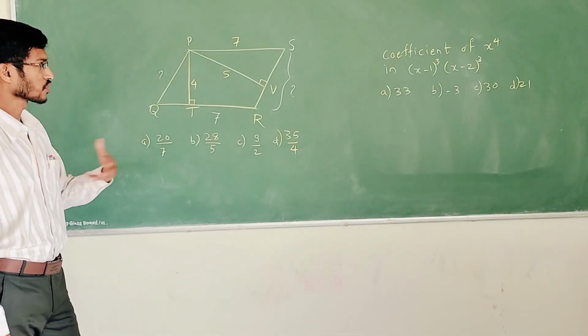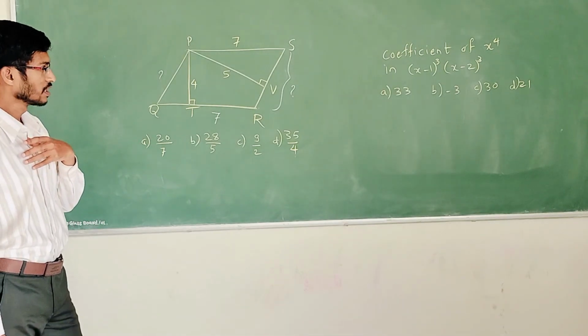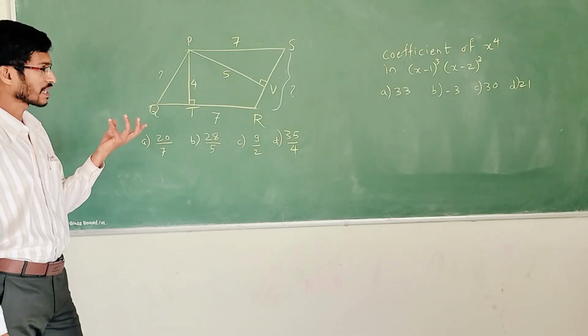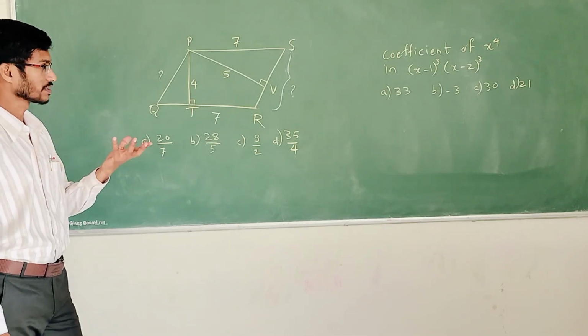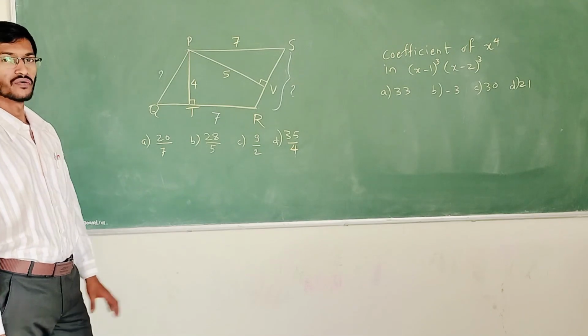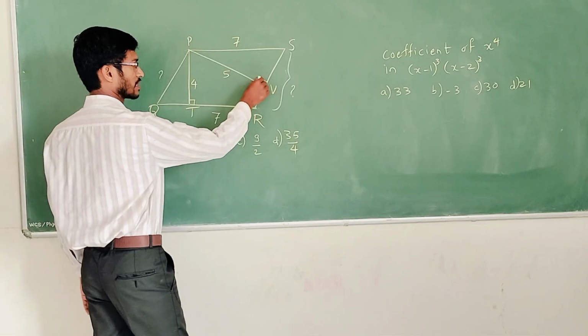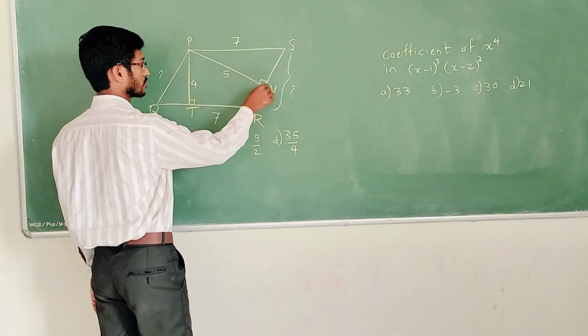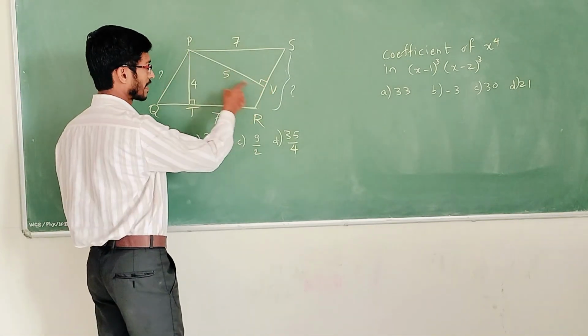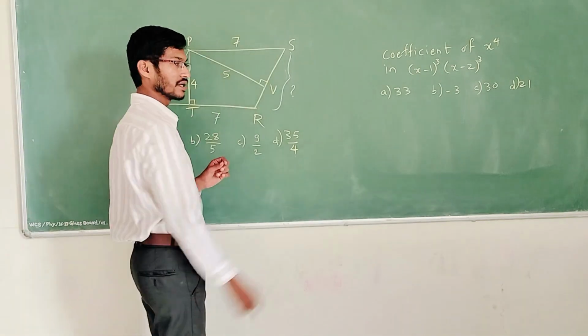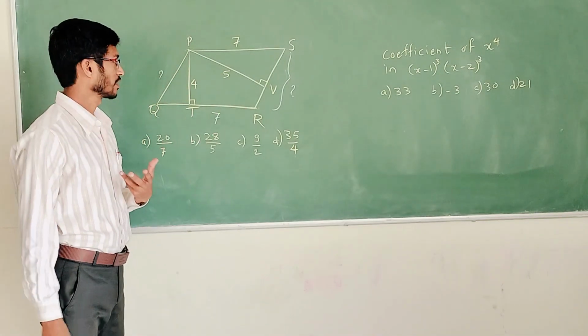Now, I tried different methods myself, but I did not get this answer. So here we have to use some logic. Here I have this 90-degree angle, so this is a right angle triangle and I can use the Pythagoras theorem.